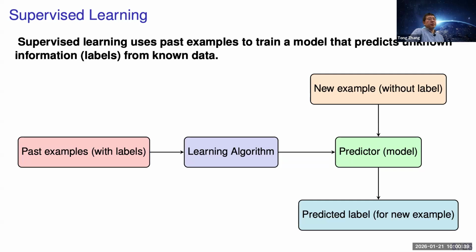The model is usually a function which maps new examples to their labels. This is the standard supervised learning setting, which we mostly associate with both classification and regression.